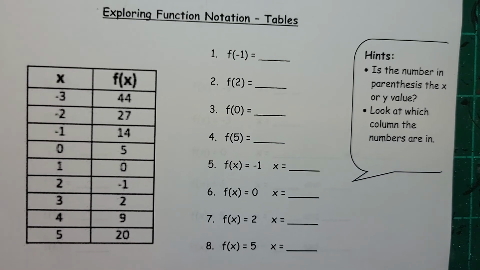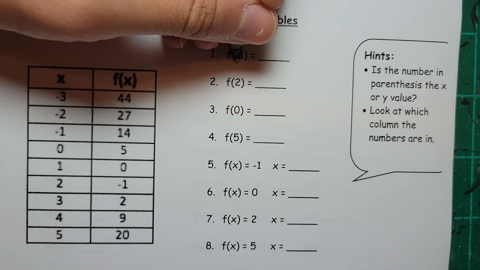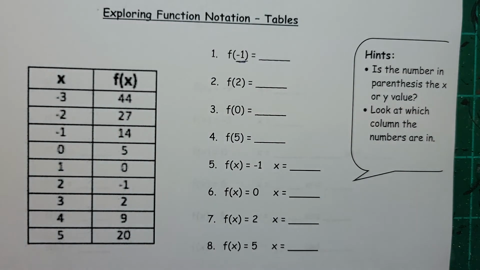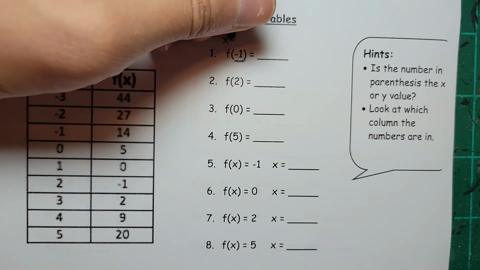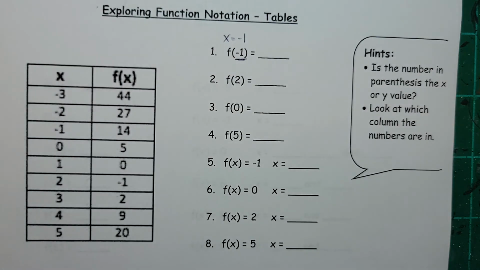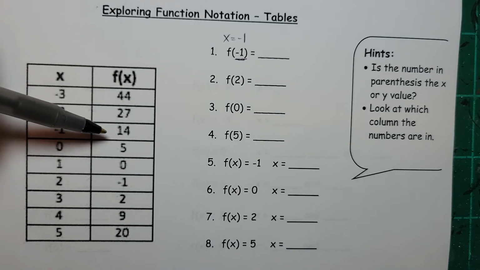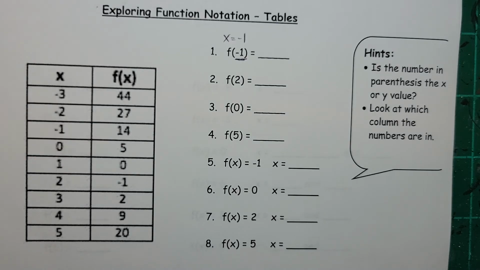So for number 1, it says f of -1. Now what this means is that when x equals -1, what is y? So if we look at the table, when x equals -1, our y value is 14.